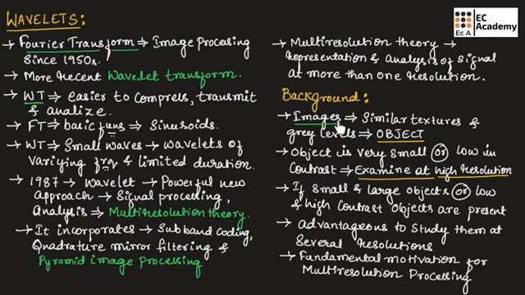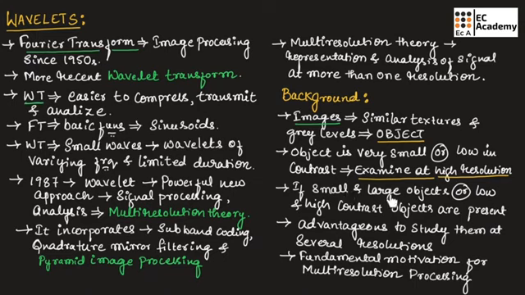Whenever we look at an image, we generally see connected regions of similar texture and gray levels that are combined to form an object. If the objects are very small in size or low in contrast, we normally examine them at high resolution.